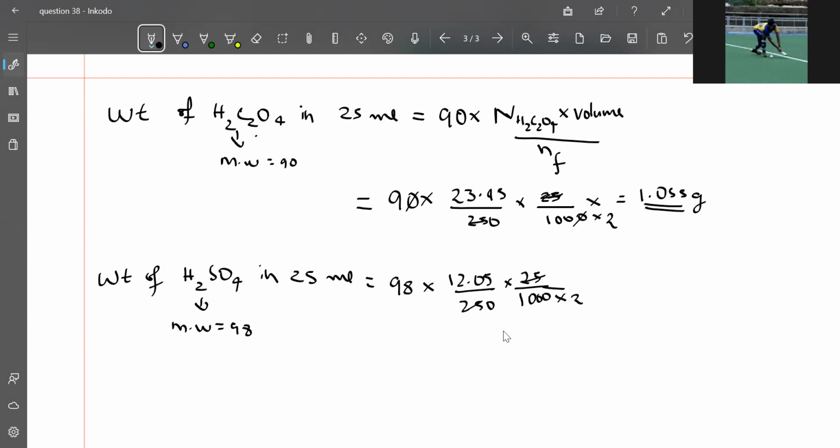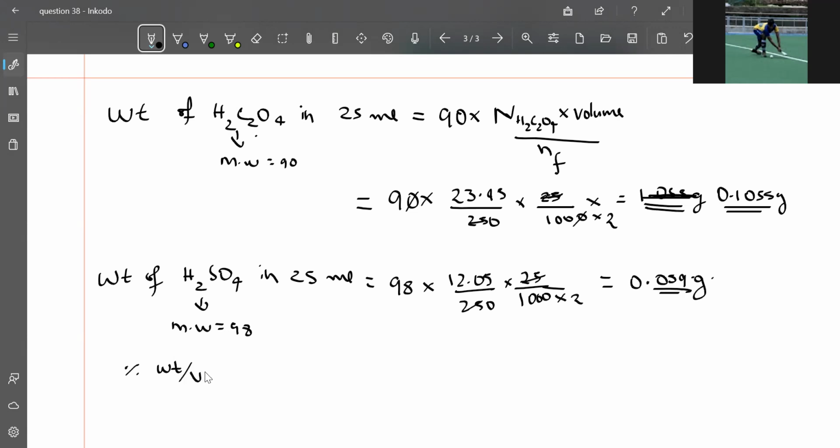Sorry, for H2C2O4 the answer is 0.1055 gram, and here the answer will be 0.05959 gram.